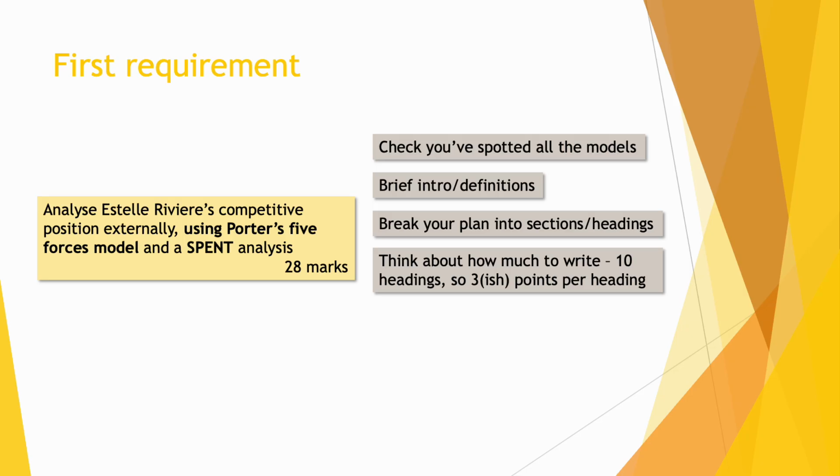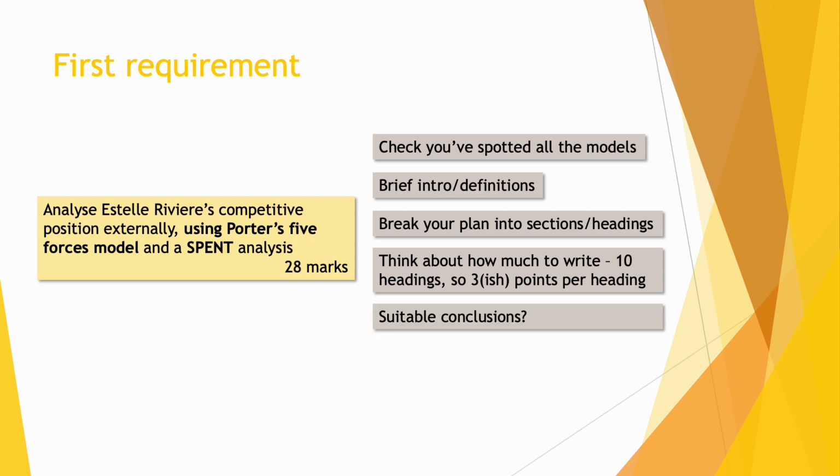It's 28 marks, so you're talking about roughly 3 things per heading. Now that's only going to give you a rough idea. You might find you say a bit more under some headings and a bit less under others, but it gives us a rough idea of what volume we need to write, which for an exam of this size can be really useful.